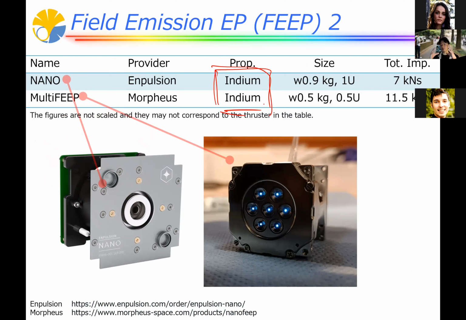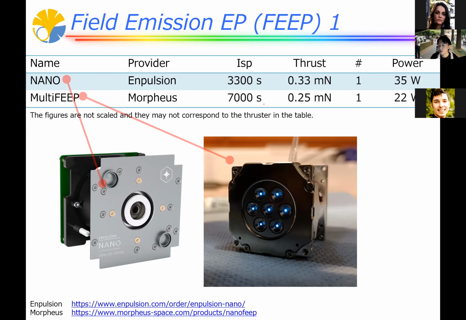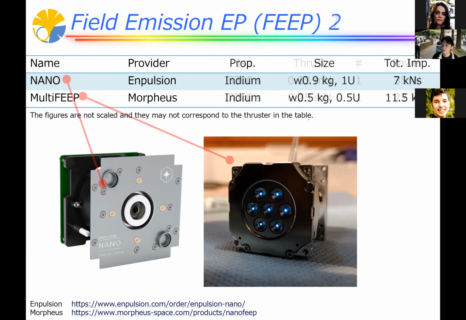Ionic liquid has a very big molecular structure, so its molecular mass is quite high. But in the case of indium, its molecular mass is lighter, and as a result, specific impulse is typically much higher than electrospray, and thrust level goes down fast. Okay, like this.